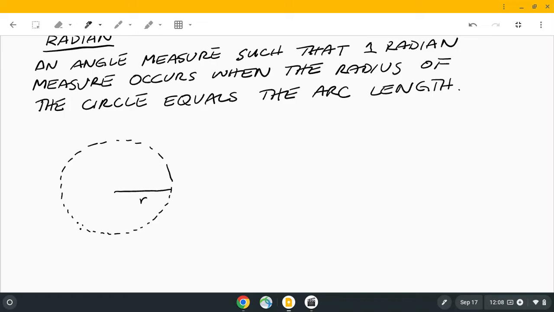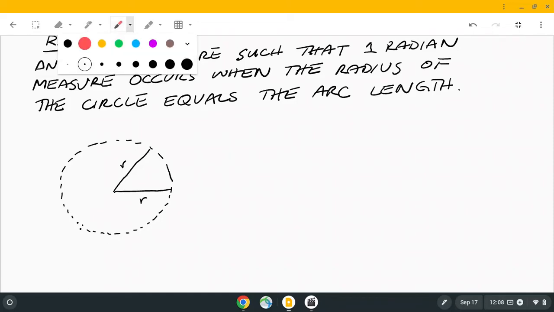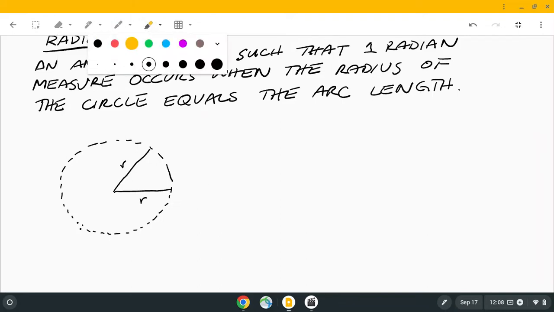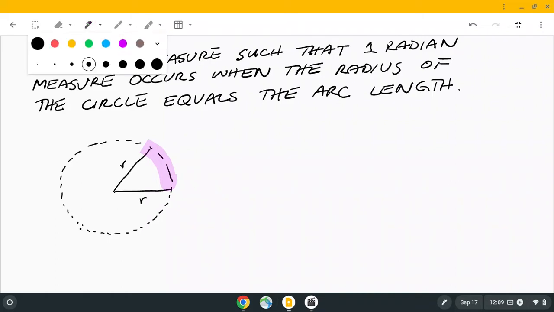So an angle, a very specific angle. So here it's also r. So you have this angle such that this arc length right over here, that arc length is the same distance as the radius.